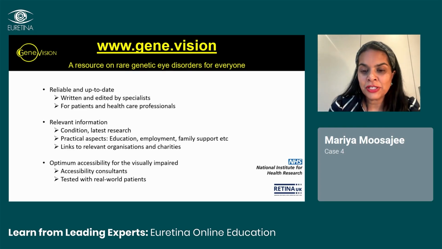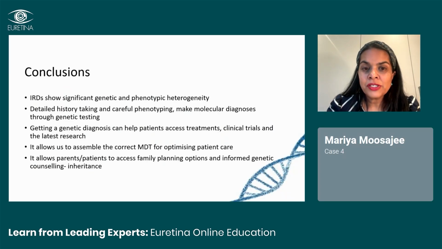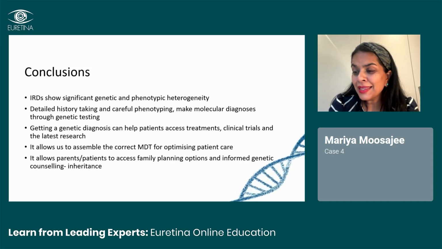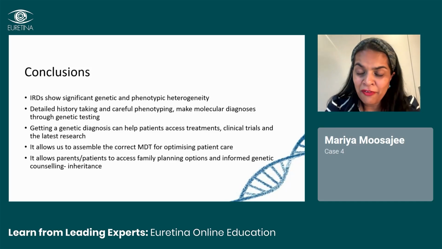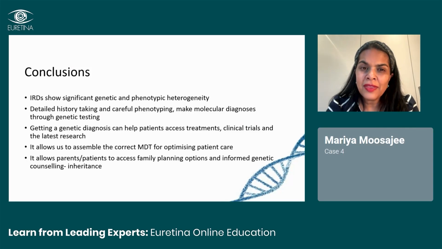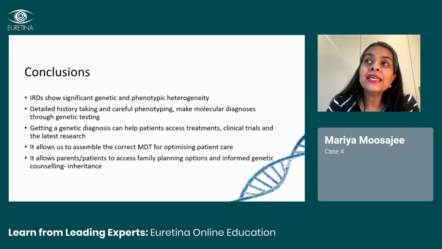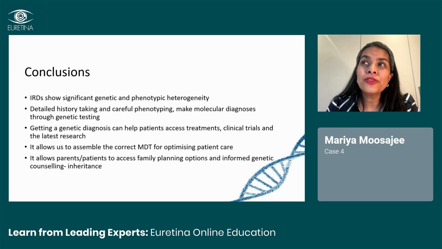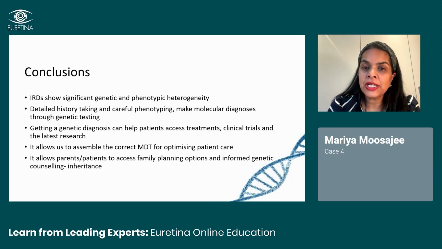So just to conclude for this presentation, IRDs, and I think that was really exemplified by Maximillian's initial presentation, there is huge genetic and phenotypic heterogeneity. And yes, we can kind of guess what the gene could be. We have an idea, but actually it's safer to undertake genetic testing and make molecular diagnoses.